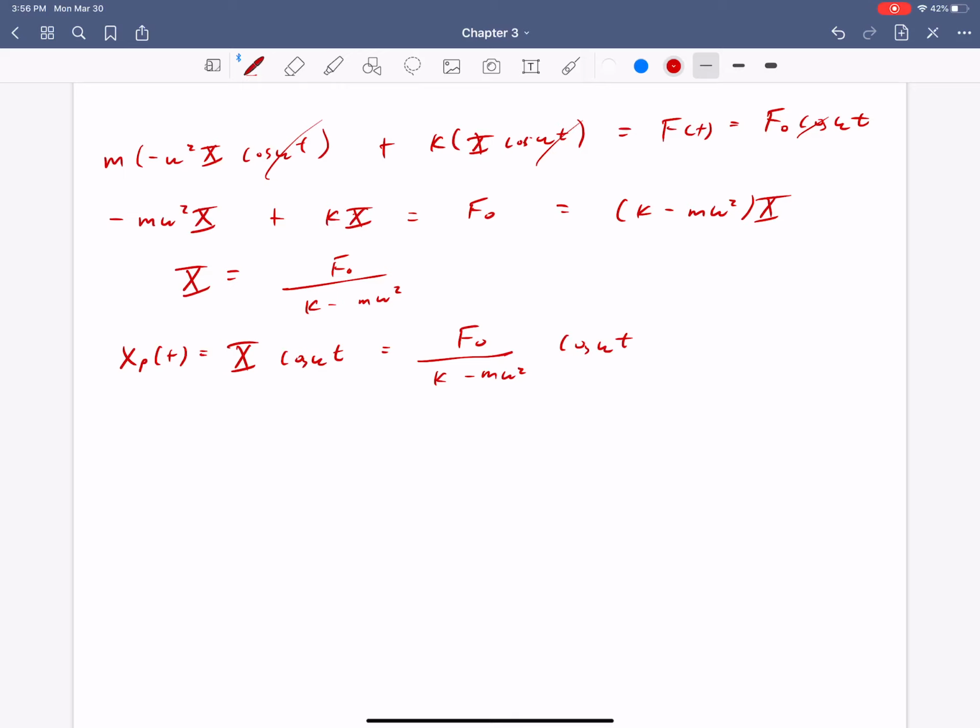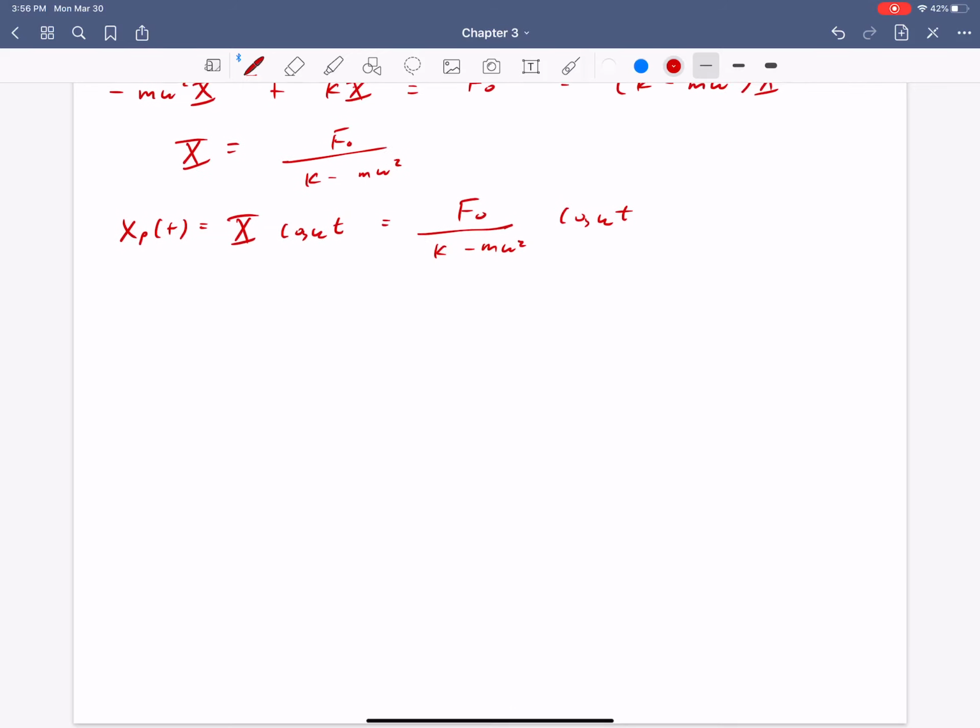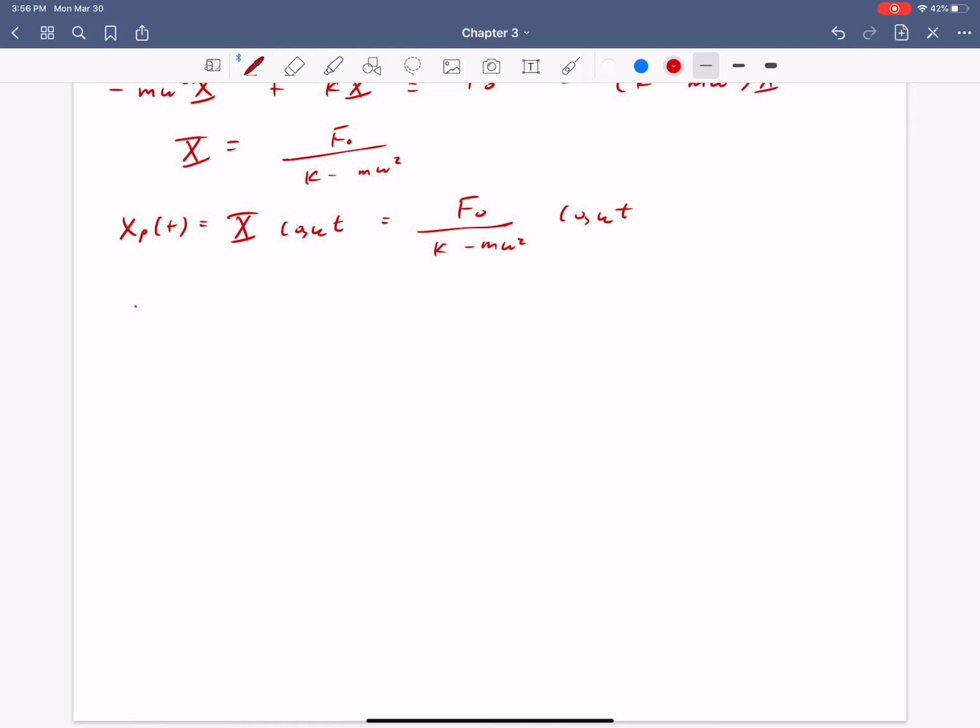Now, you're going to see the book introduce this term, delta_st, and that is equal to the static displacement due to this F0.